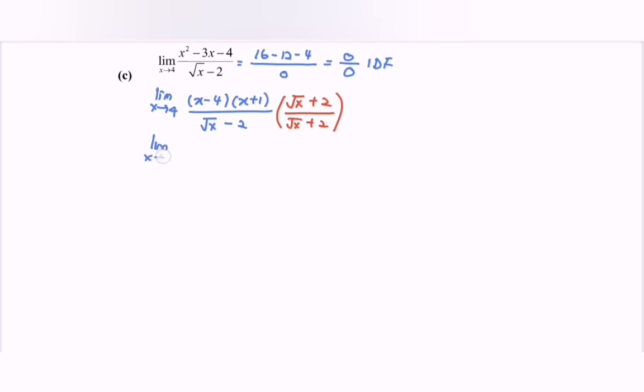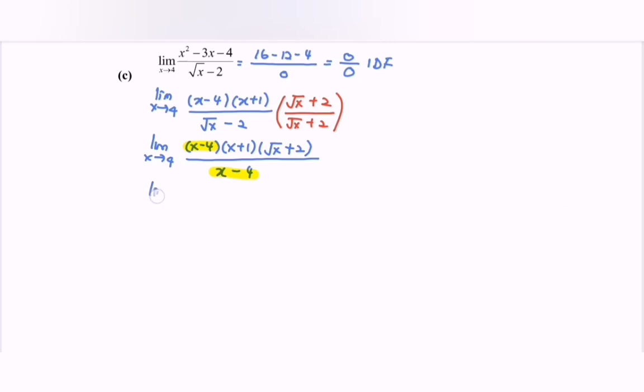Limit when x approaching 4, then we have (x minus 4)(x plus 1) multiplied with the square root of x plus 2, over, by using the formula a squared minus b squared, x minus 4. So notice that we have the common term, where we can factorize the situation.